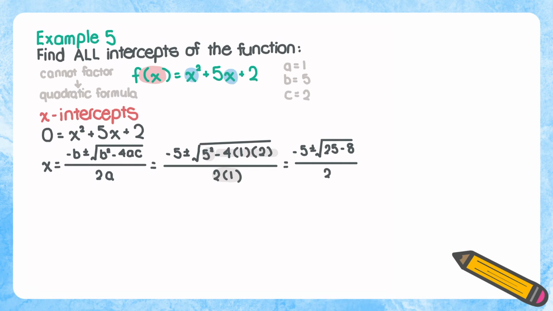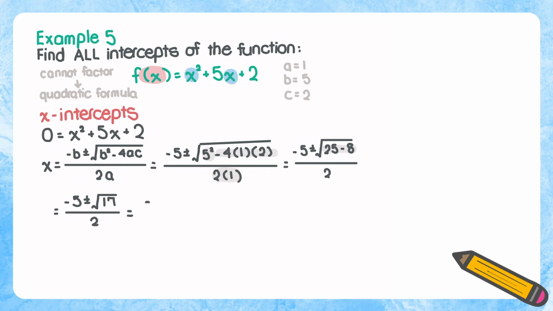And let's simplify it a little more before we throw it into the calculator. So we have negative 5 plus or minus the square root of 17, because 25 minus 8 equals 17. And all this over 2.